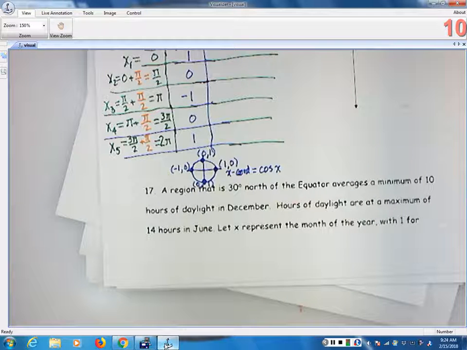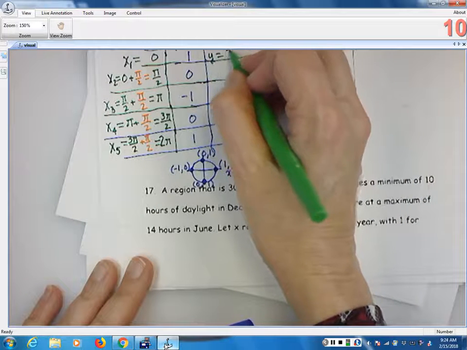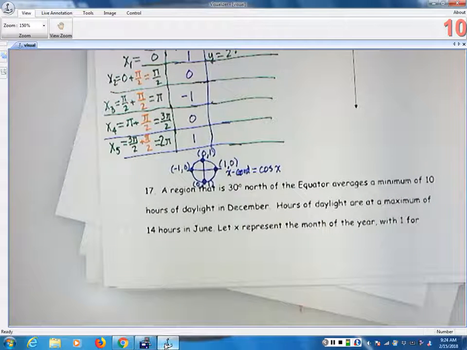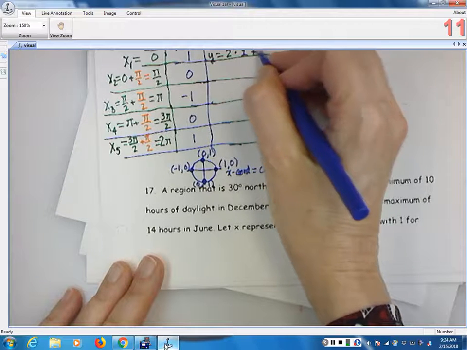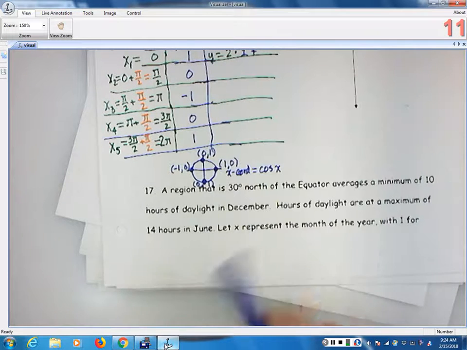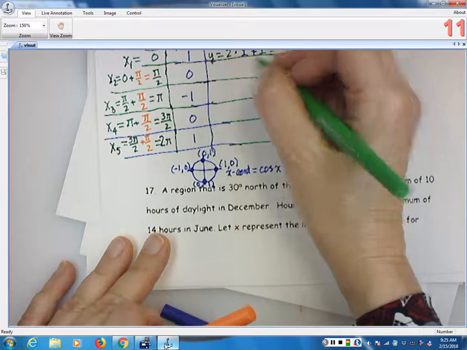So we've got y equals 2 times cosine of x, which is 1, plus 1. Whoops, I want to do different colors. So that's 2 plus 1 is 3.